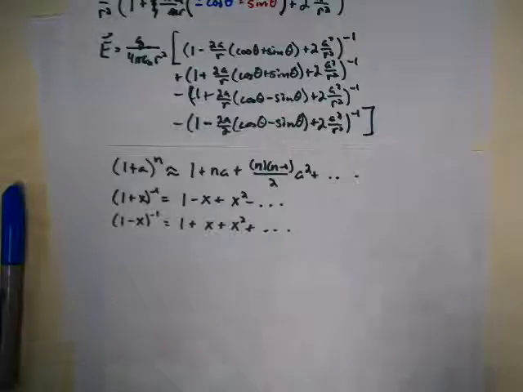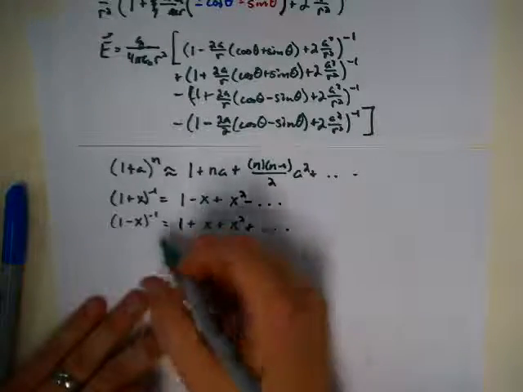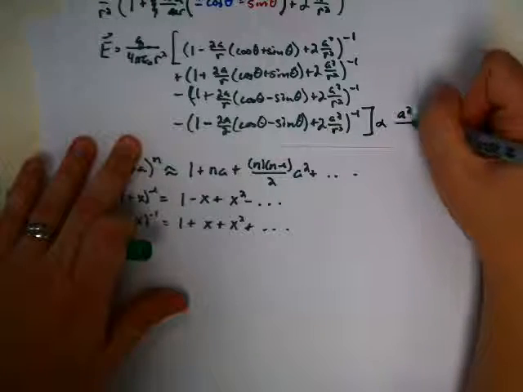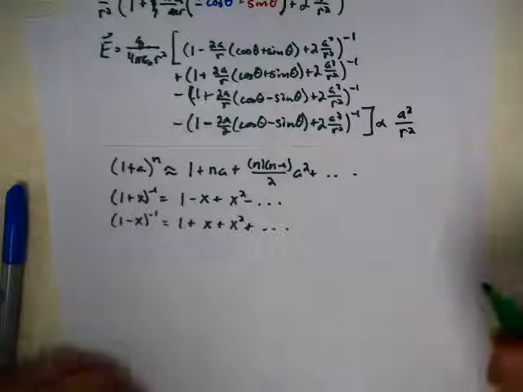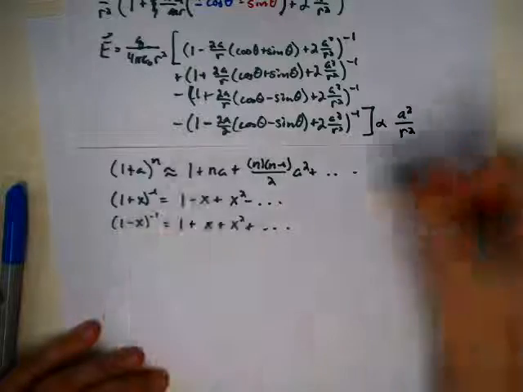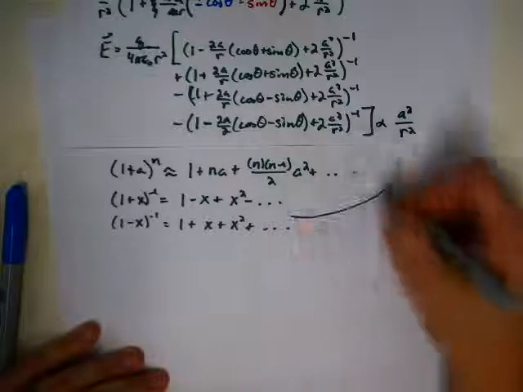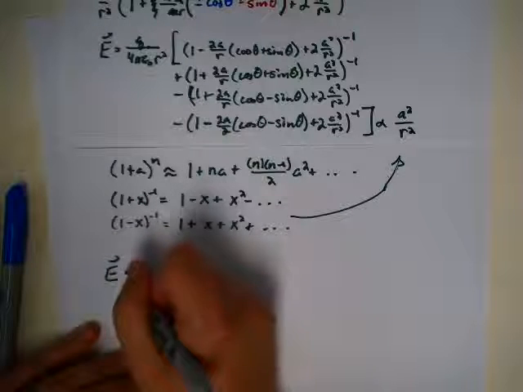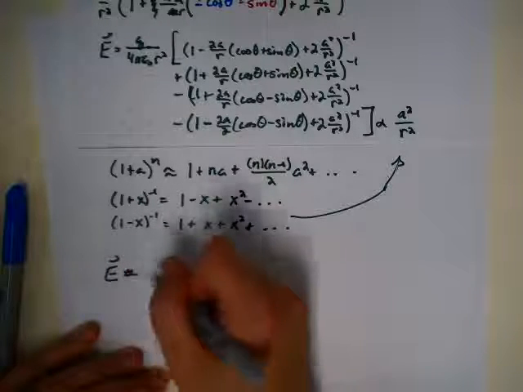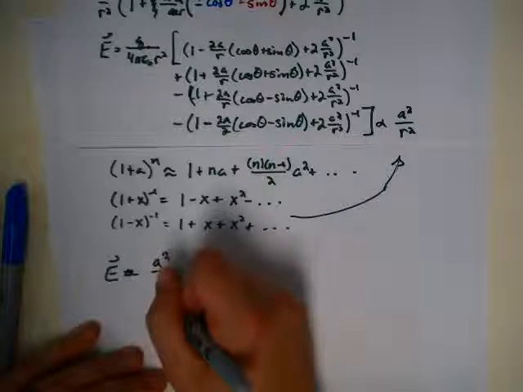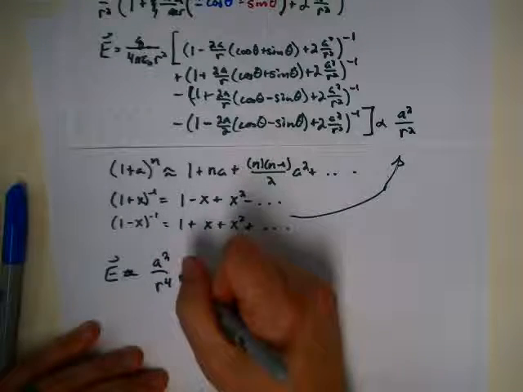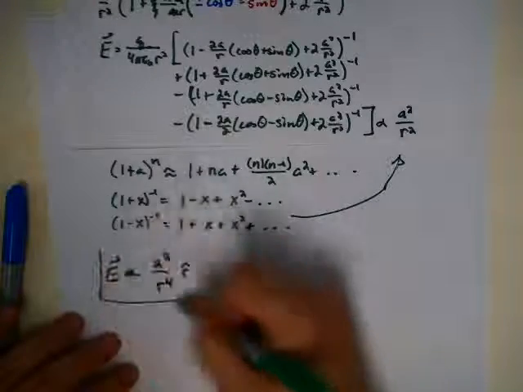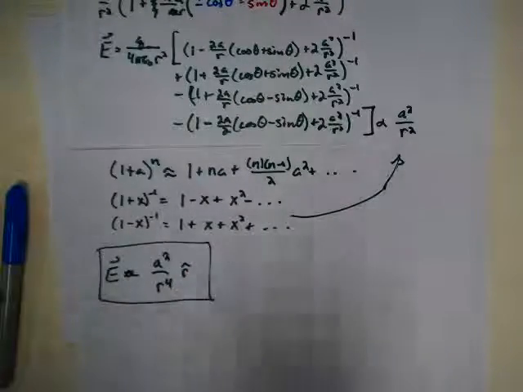But in any case, I can now make the statement that this whole thing scales as a squared over r squared. Okay? And so using that argument, which came from here and came from cancellations, I have that the electric field is proportional now to a squared over r to the 4th, r hat, which is what I wanted to show.